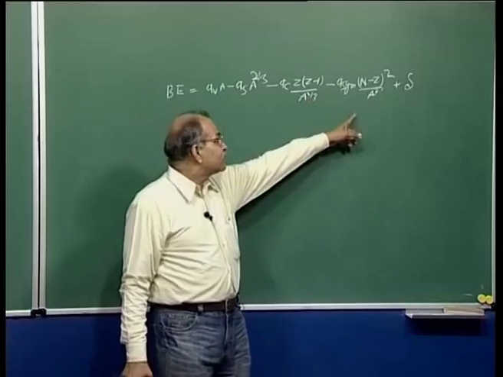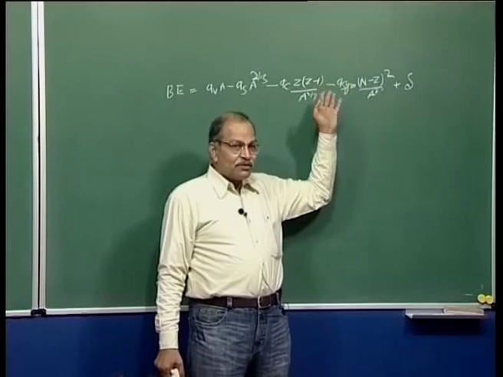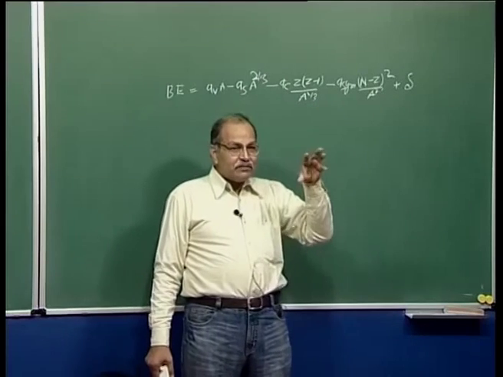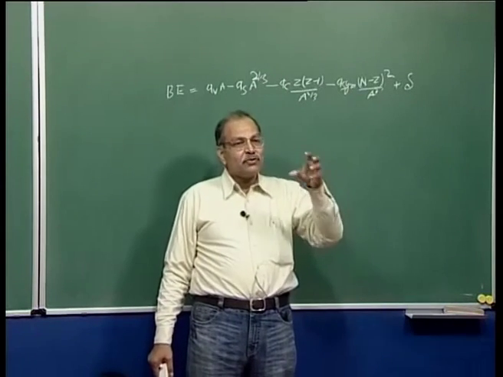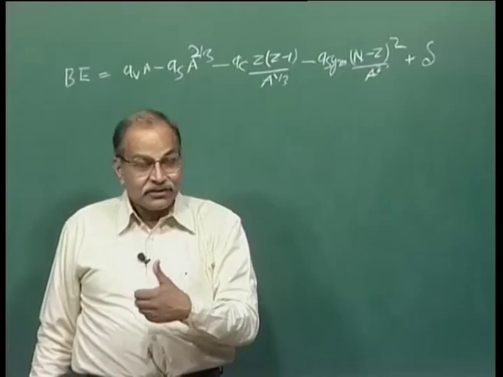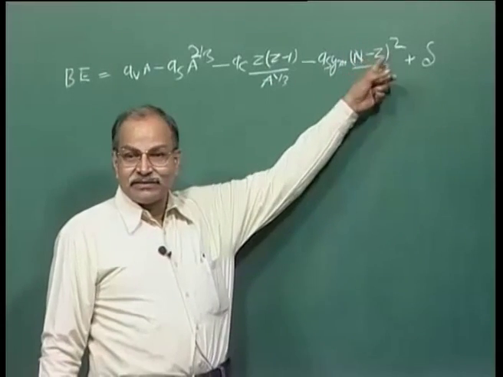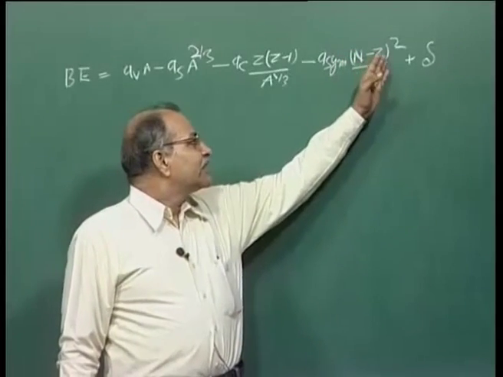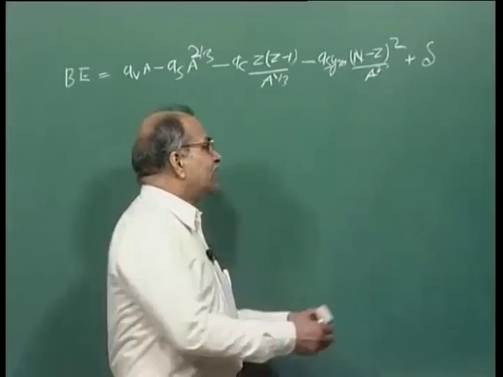And this is asymmetry. The word asymmetry, what asymmetry? Asymmetry is that number of neutrons is not equal to number of protons, that is the asymmetry. Therefore, it has to be n minus z somewhere, okay. And then your calculation, it is n minus z square and divided by a.